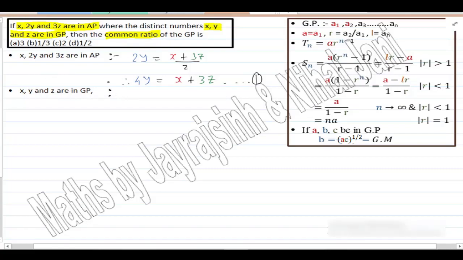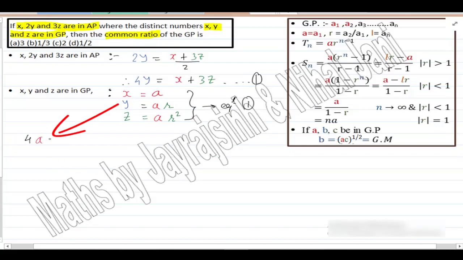No problem. x, y, z are in GP, so we can say our x is the first term a, y is the second term, ar, and z is the third term, which is ar square. Let's put this data in equation number 1. Instead of 4y we put 4ar, is equal to x which is now a, plus 3z which is 3ar square.